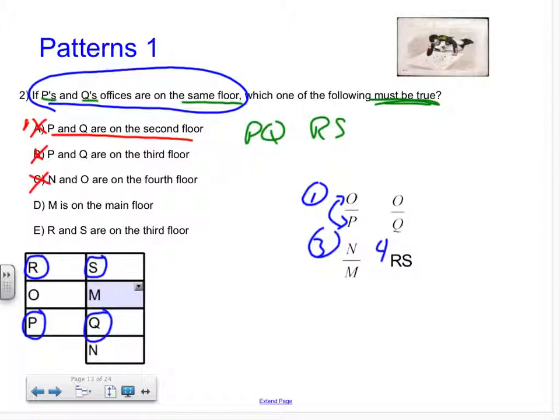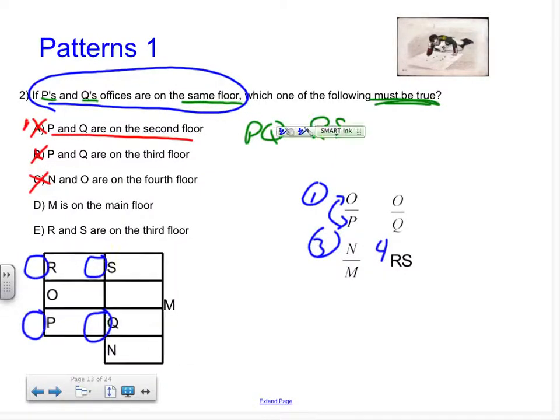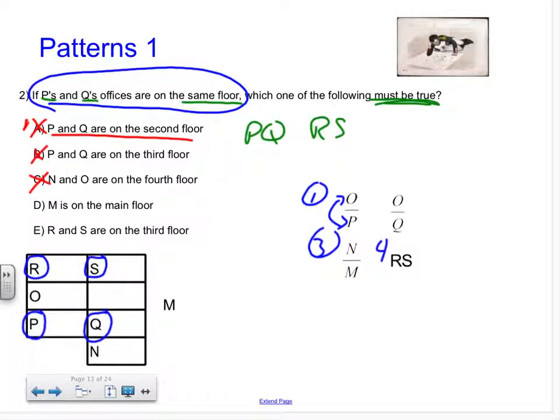So there isn't a lot that I can do in this regard. We're pretty much stuck with keeping M on the main floor. So let's put it back.